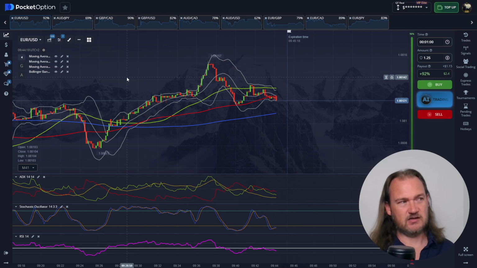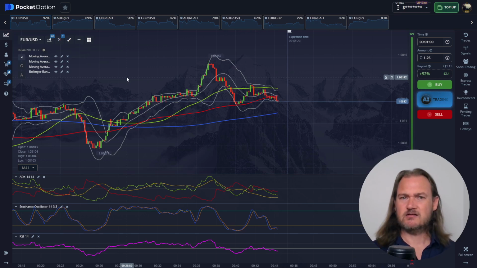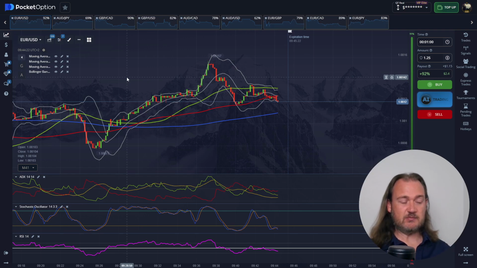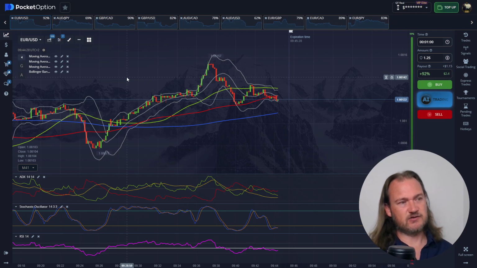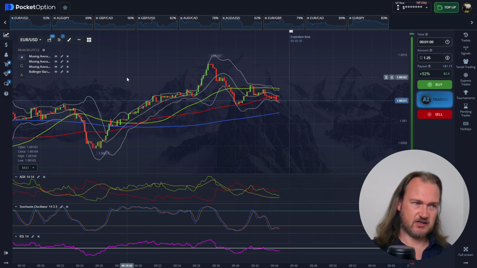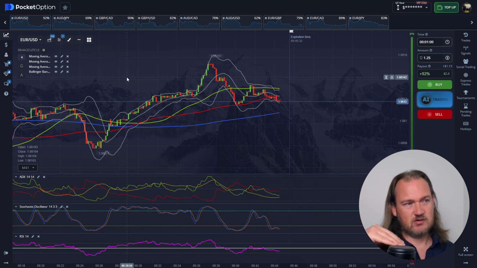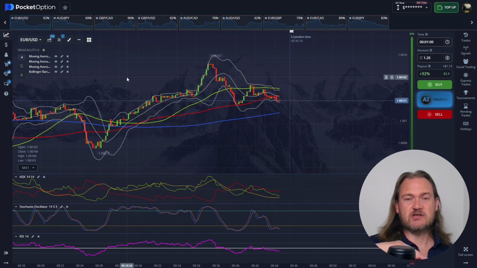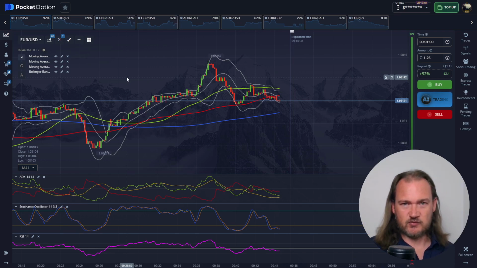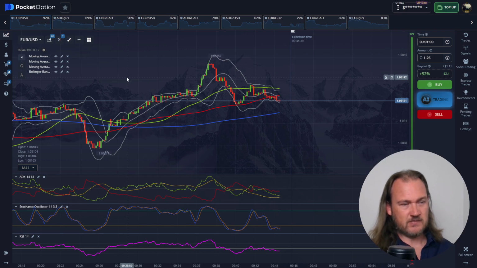So continuation usually occurs inside a trend. If you remember, again, the first condition for the RSI strategy is that the price needs to be in an established trend. So if price is in an established trend, it will almost always be outside of all three of the moving averages we have on our chart. Same goes for reversals.